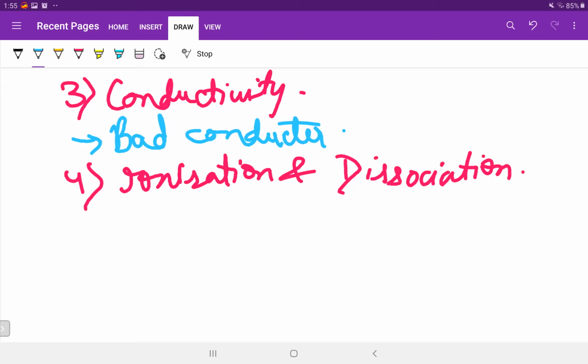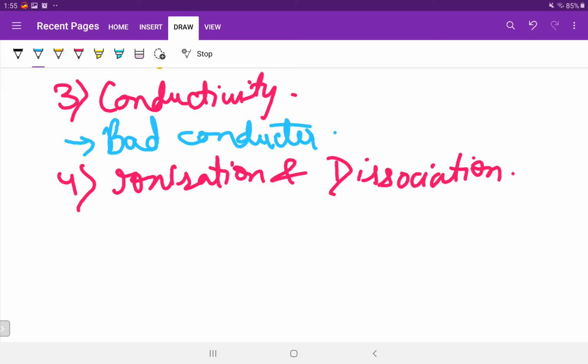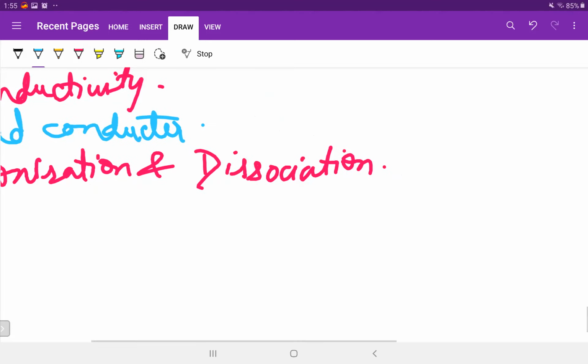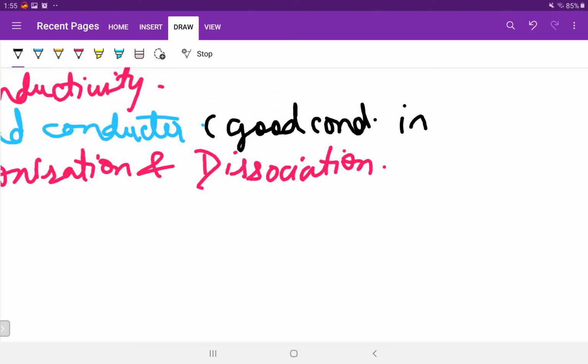That's why they don't have any free ions to move to conduct electricity. However, they are good conductors in the molten state or when dissolved in water, in aqueous solution, where ions become free to move and conduct electricity.